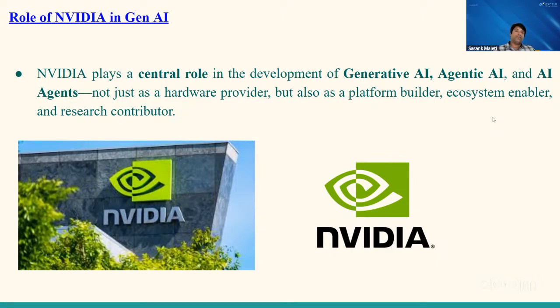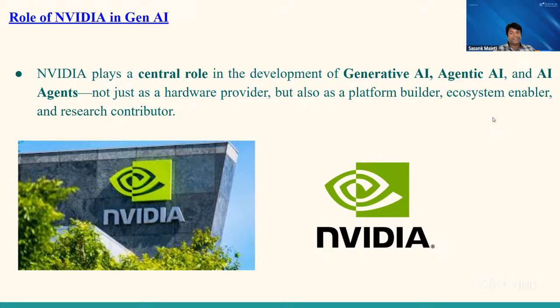I've been following Nvidia for around 20 years, I'm not that old. So I know a lot about Nvidia, and I really love the company and its contribution, particularly in the last 10 years, towards AI and generative AI.